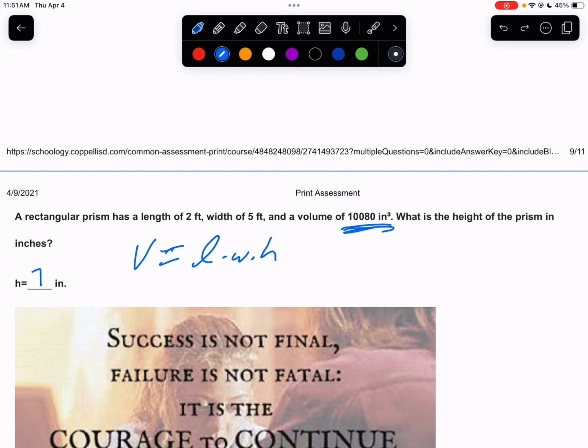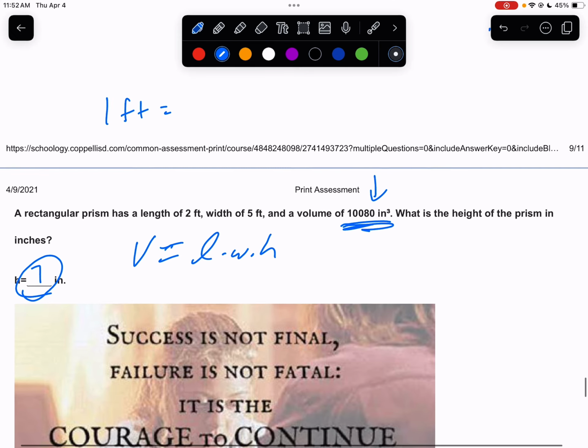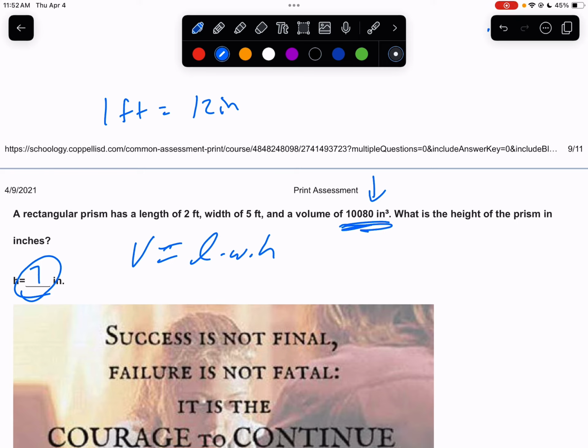I don't want to convert this number that's already in volume. I want to focus on the feet. I'm going to change feet to inches since this is already in volume and the answer over here is in inches. So inches is where we want to be. So 1 foot is 12 inches. So this would be 24, and 12 times 5, this would be 60 inches. So keeping that in mind, okay, we're good.